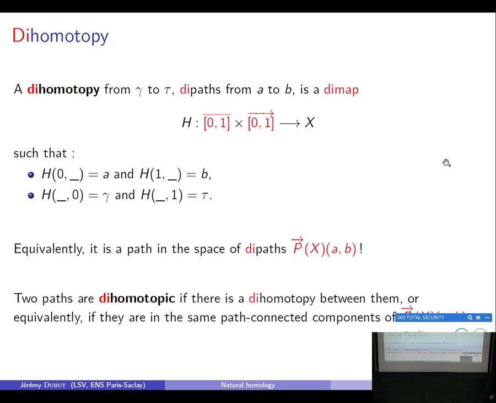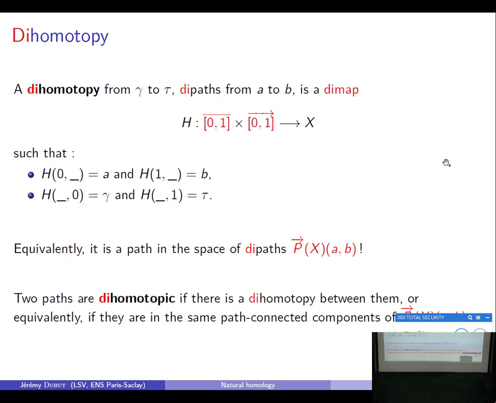But we could have chosen other structures. For example, some authors choose to put the directed segments here too, which means equivalently that a dihomotopy is a dipath in a suitable D-space of dipaths.